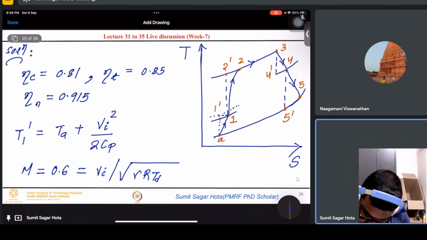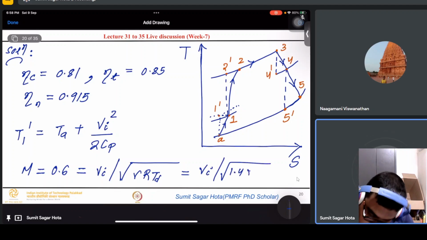What is the unknown? Ci is the unknown. Ci divided by root of gamma R T. What is gamma? 1.4. What is R? For air in joule per kg Kelvin, it is 287. Temperature, what is the temperature? 255 Kelvin.